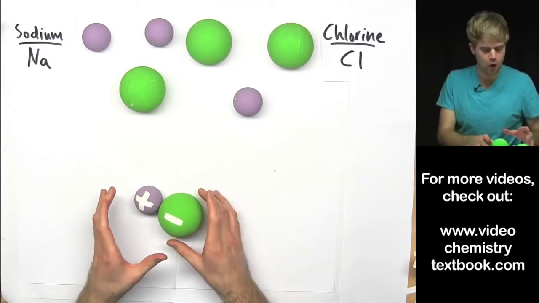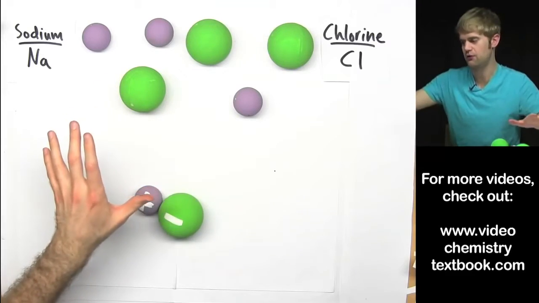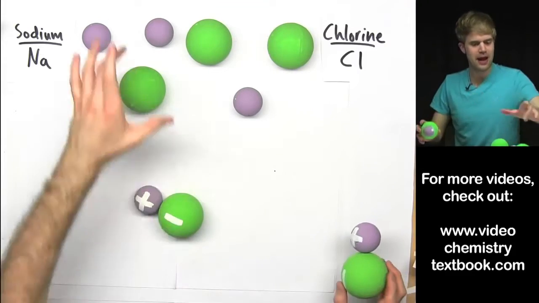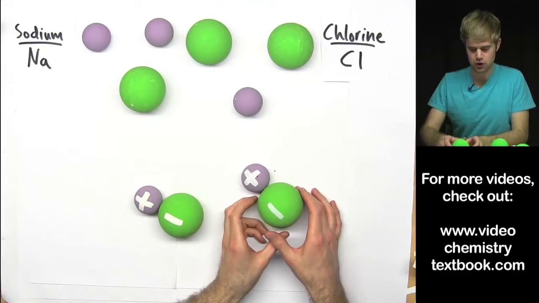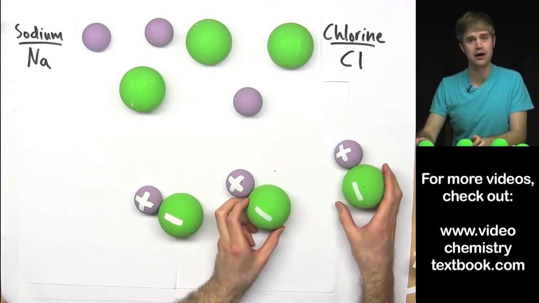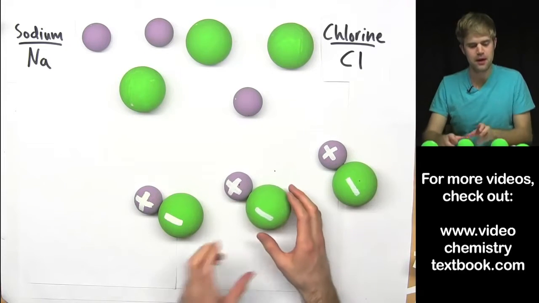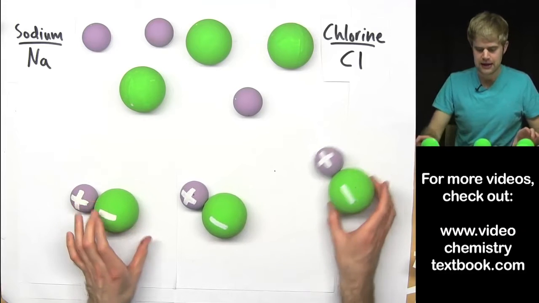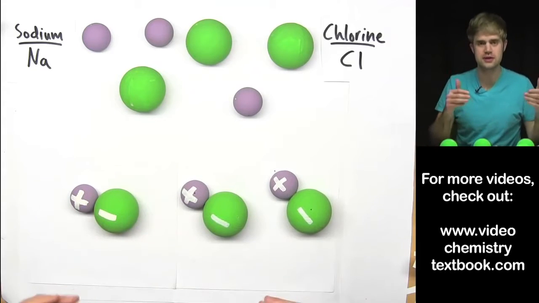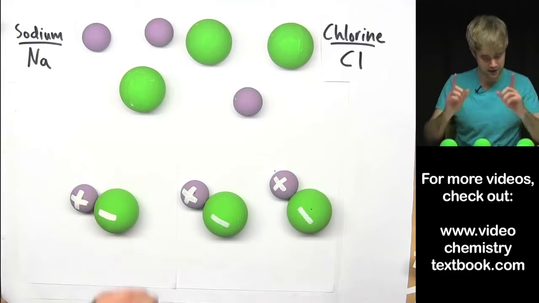What you might want to think of is that each pair of these atoms could form a structure kind of like this. But here's the thing. These guys wouldn't stay separate. This is super important.